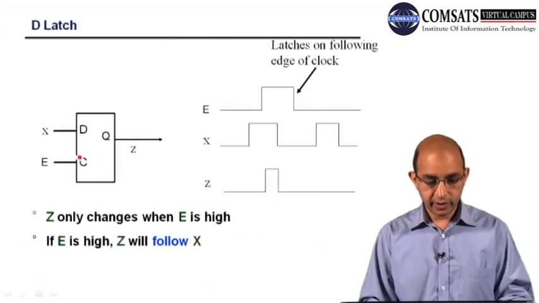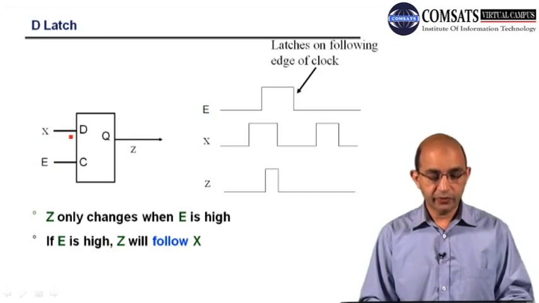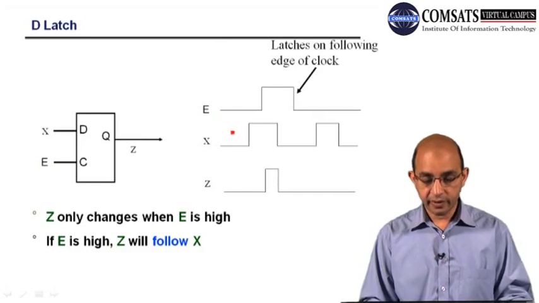Here you can see we have the block diagram, or the symbol for the D-latch. This is the D input, this is the control signal, that is enable, and this is the Q output. E is the control signal, D is the input, and Q is the output.